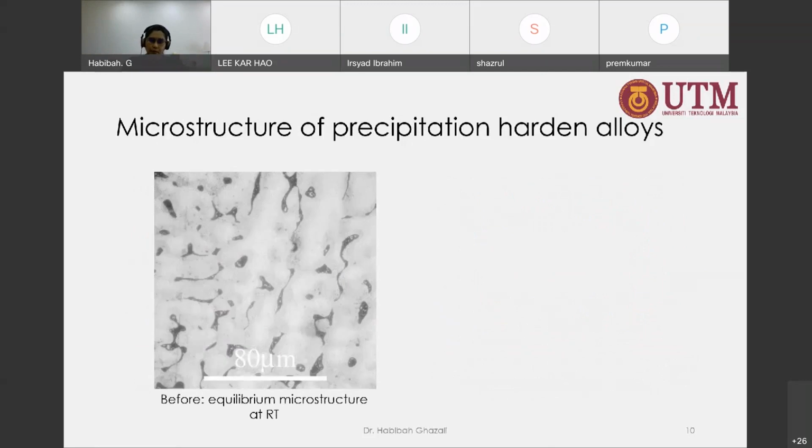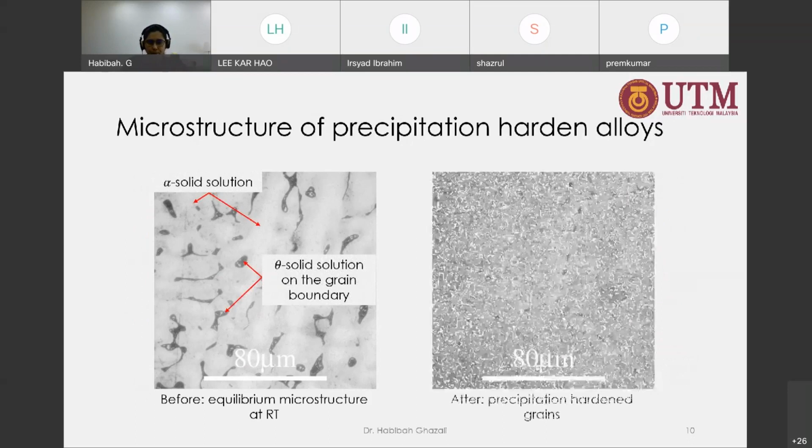So if we look at the real microstructure, this is the equilibrium microstructure before we perform precipitation hardening. You can see that the matrix here is the alpha solid solution with the theta phase on the grain boundary of these materials.